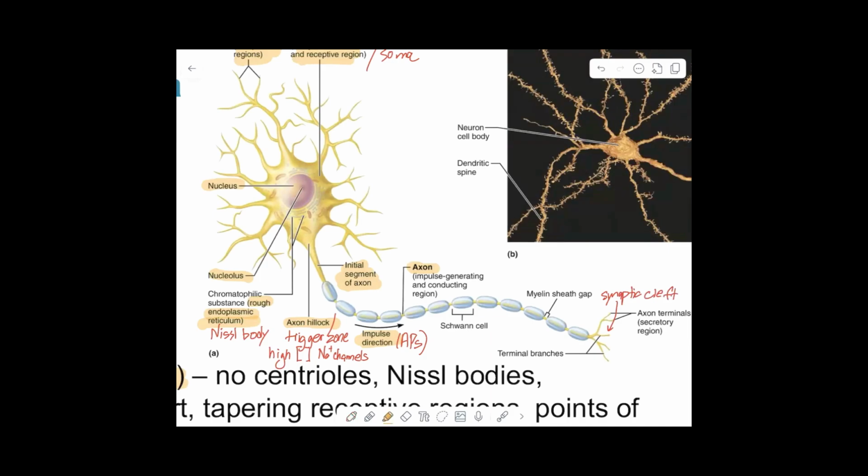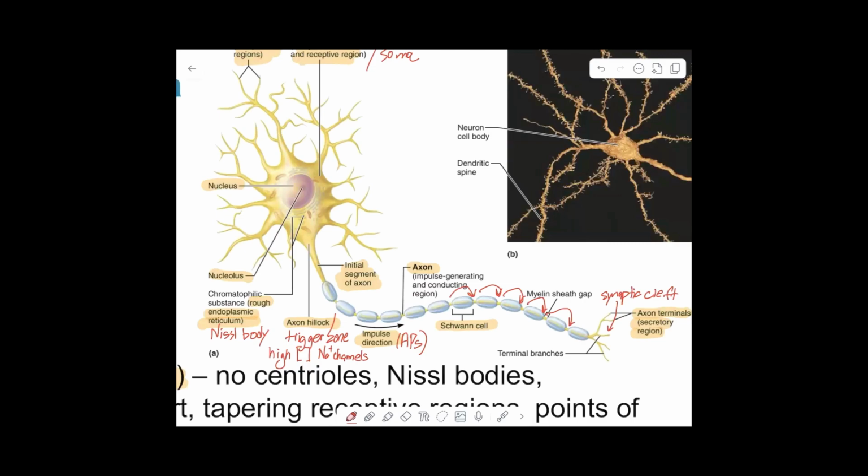We'll talk about the axon terminal later. That's where a neurotransmitter is released from. The Schwann cells are in the peripheral nervous system and produce the myelin. Again, that allows these action potentials to leap from node of Ranvier to node of Ranvier.